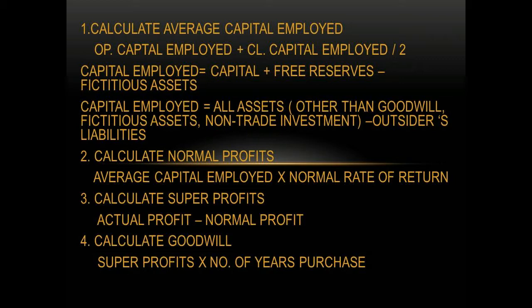It is calculated by multiplying the normal rate of return with capital employed. The third step is calculate the super profit. Super profit is equal to actual profit minus normal profit. The last step is calculate goodwill. Goodwill is equal to super profits multiplied by number of years purchase. Number of years purchase is mentioned in the question.